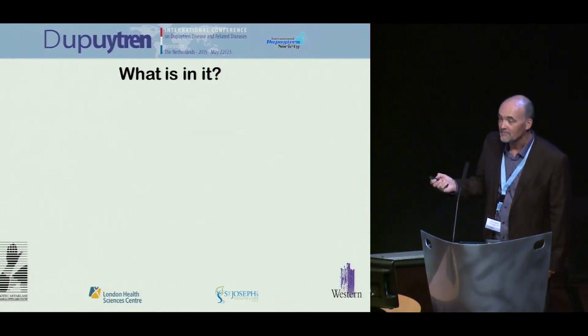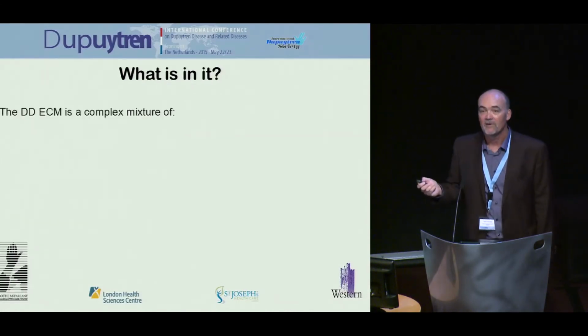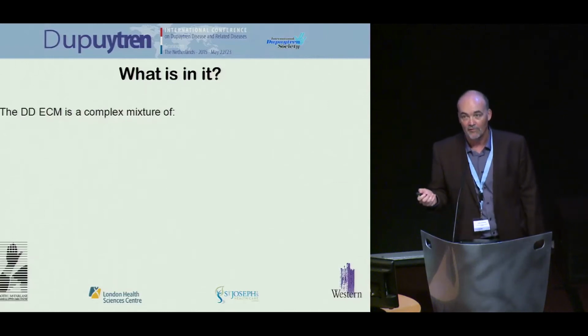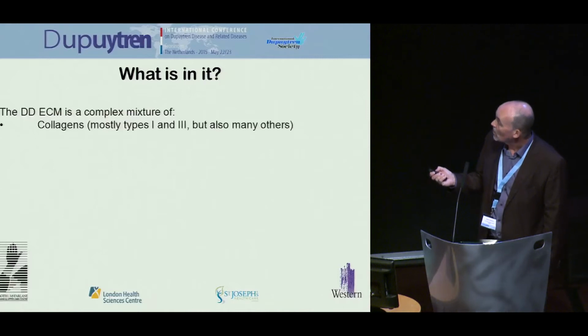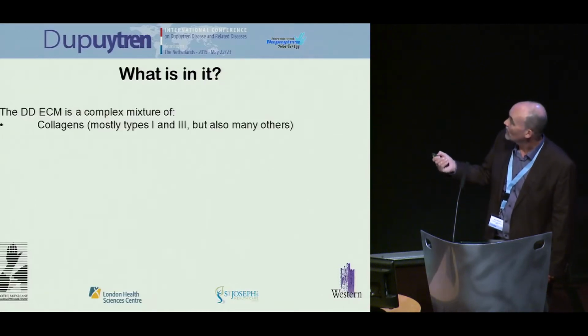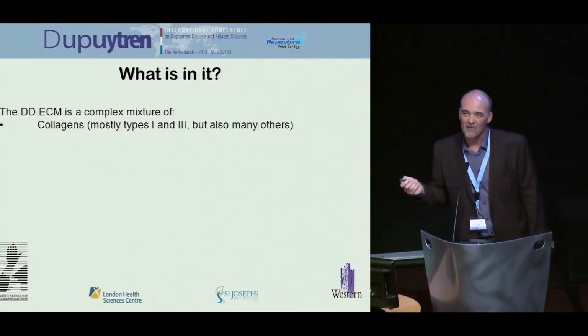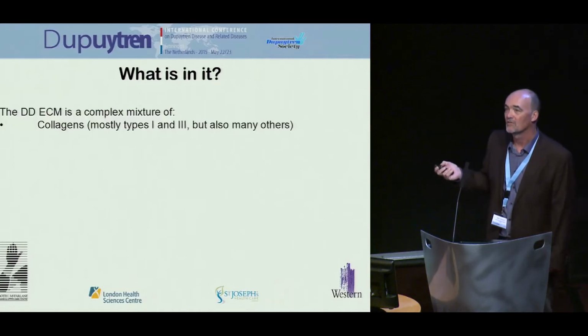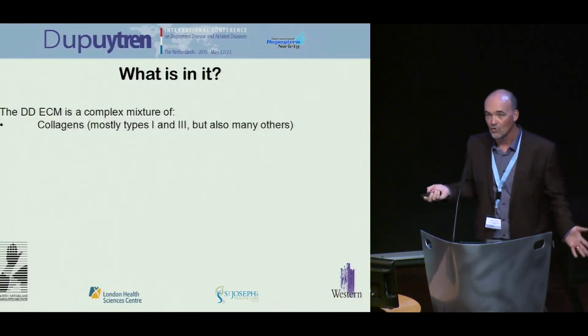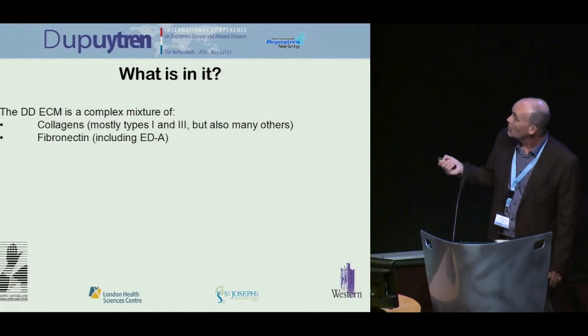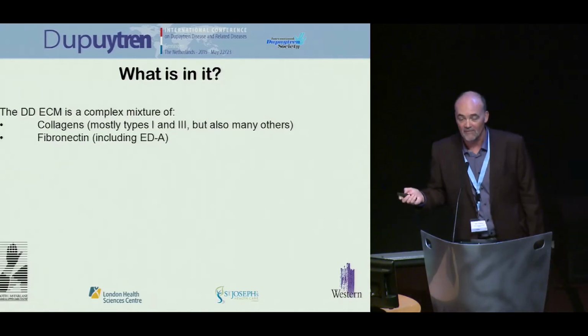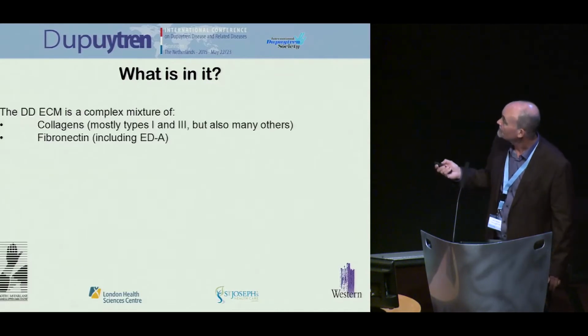So what's in it? Well, that's a big question because it's a very complex mix of a variety of proteins and other molecules. The matrix consists of collagens. Of course, we're well aware of type 1 and type 3 collagens, but in fact, there are at least an additional 10 kinds of collagen in the contracture cord of patients with Dupuytren's disease. There are fibronectins, including so-called oncofetal fibronectins, in very high levels. Heat shock proteins as well.